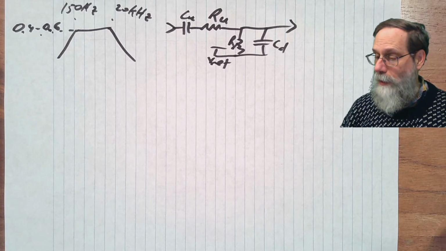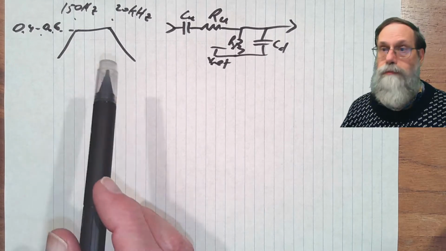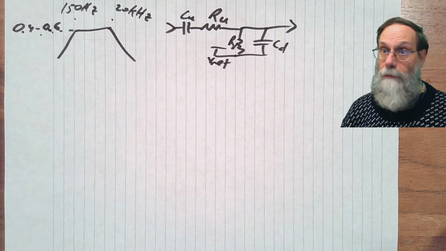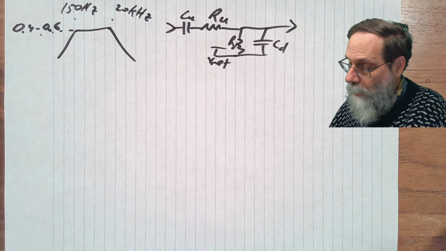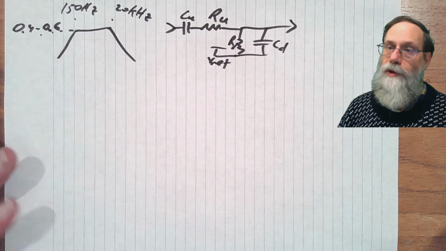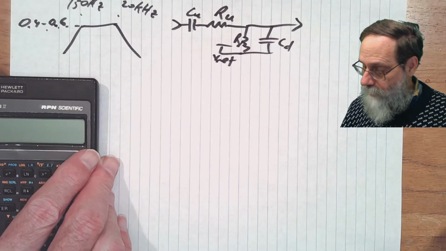Okay, so what do we need to do? First thing we need to do is to say, where is the peak gain going to happen? We say the peak gain is going to be around a half, but what frequency is that going to happen at? Well, we can take the geometric mean of our two corner frequencies to figure out where the peak gain is going to occur.